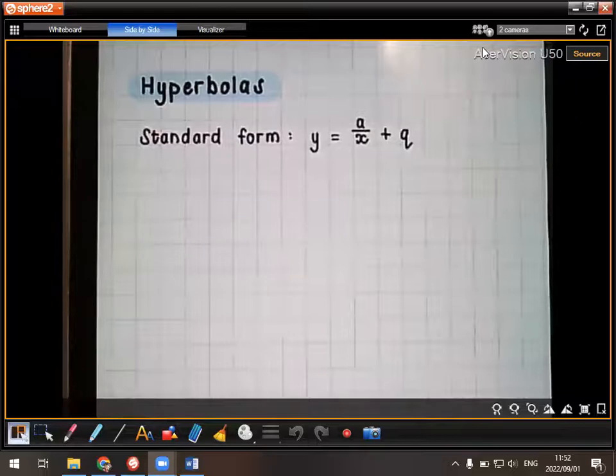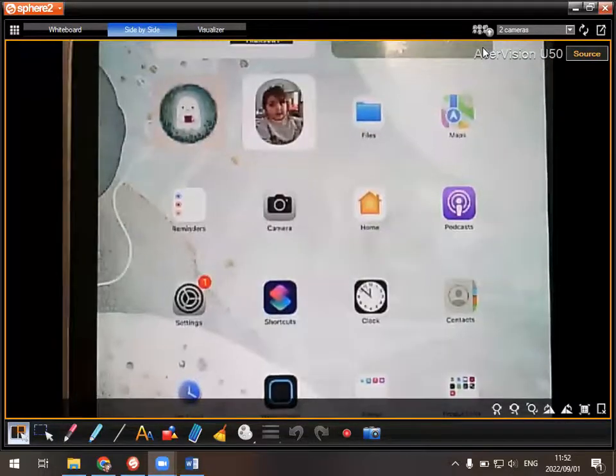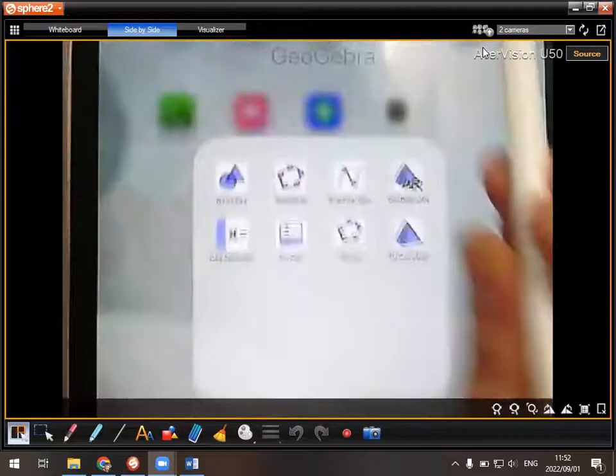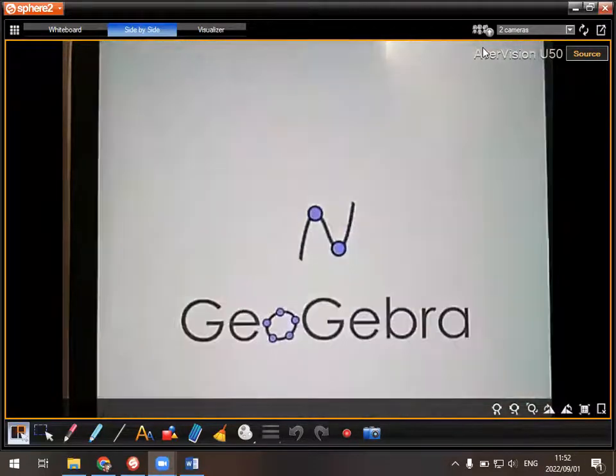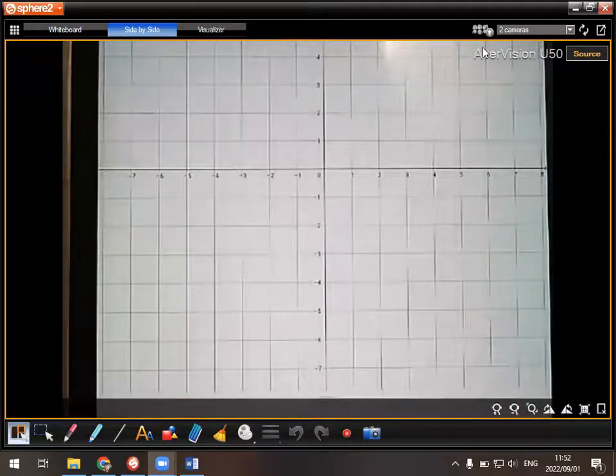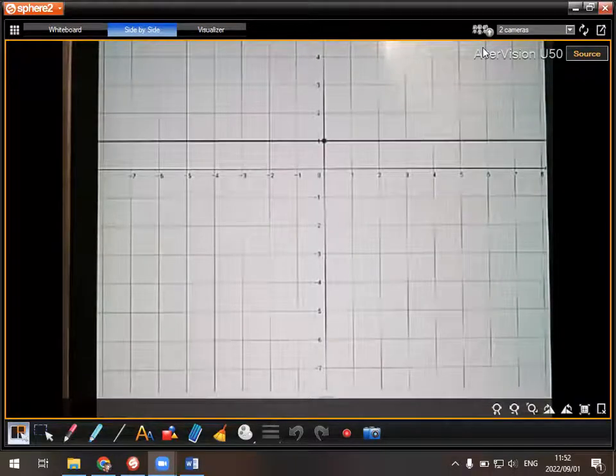I'm just going to use that app again to show you a few of these, so that you can see what it looks like. I'm going to start with the most basic one. How do I make a fraction?